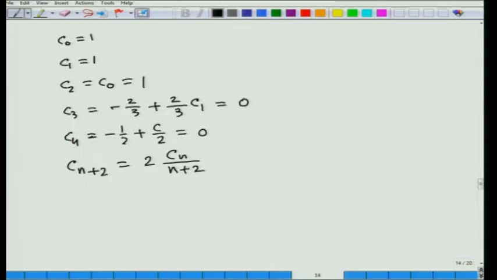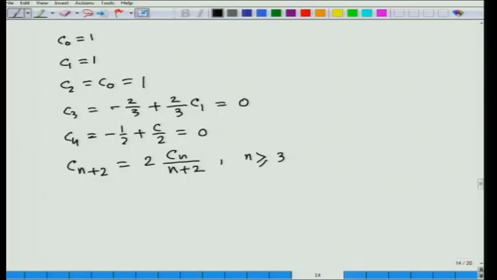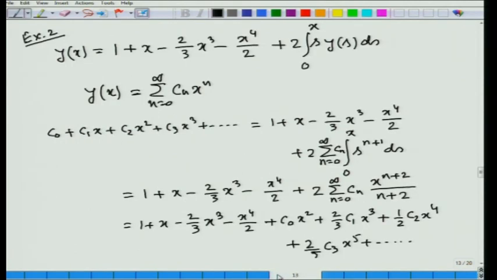Now, remember this result is valid for n greater than or equal to 3, because already we have equated the coefficient of constant term from both sides, coefficient of x from both sides up to coefficient of x to the power 4 from both sides, and this we have done only for the reason that the f x part contains terms up to the order x to the power 4.